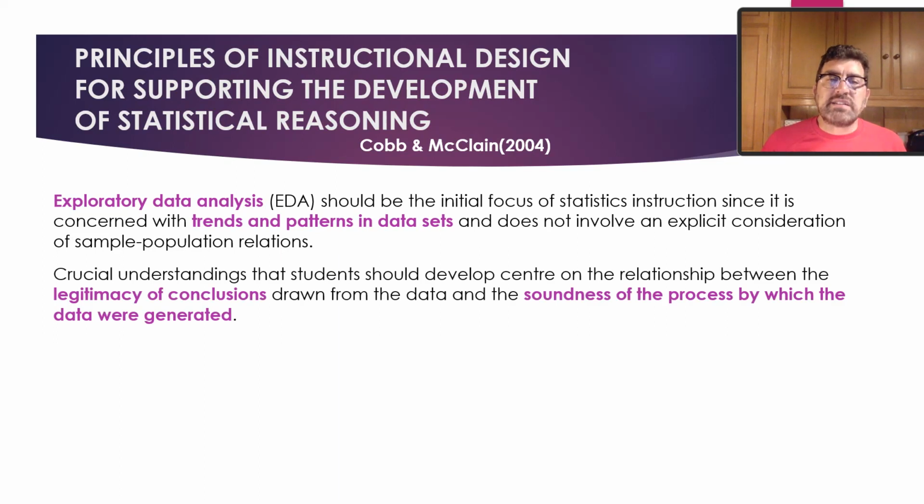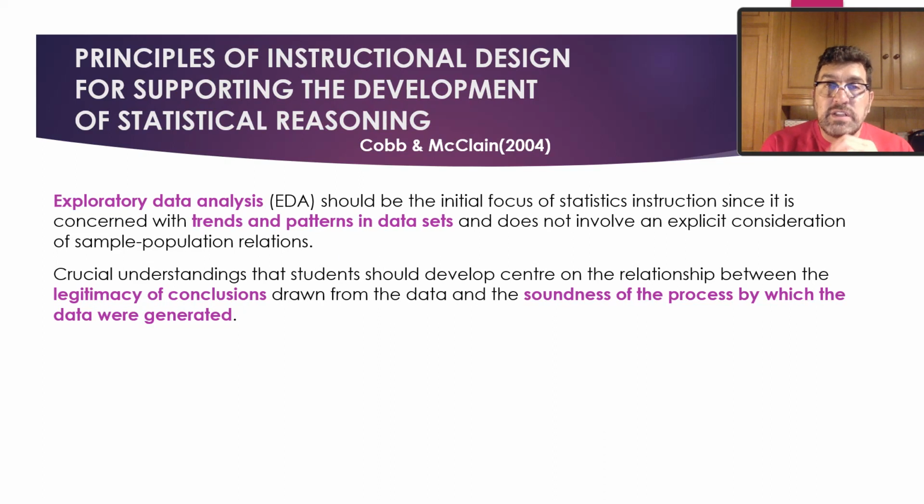Crucial understandings that students should develop center on the relationship between the legitimacy of conclusions drawn from the data and the soundness of the processes by which the data were generated.